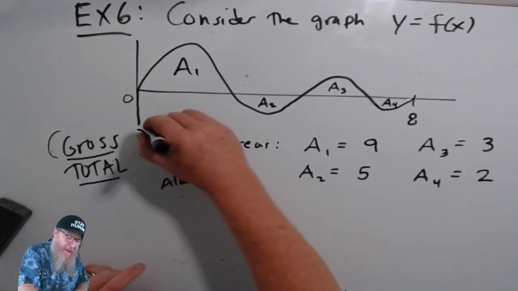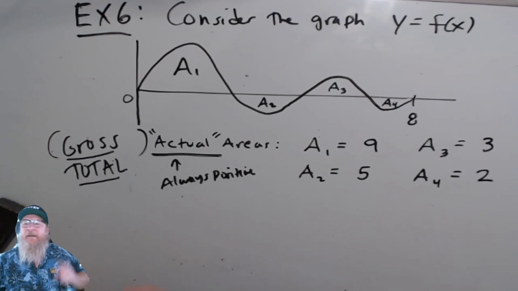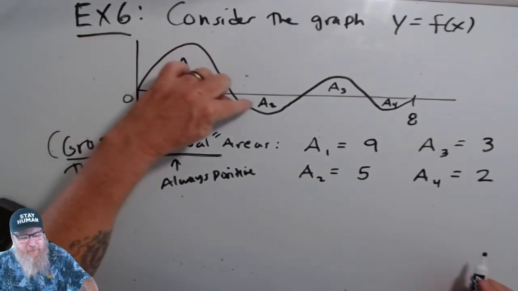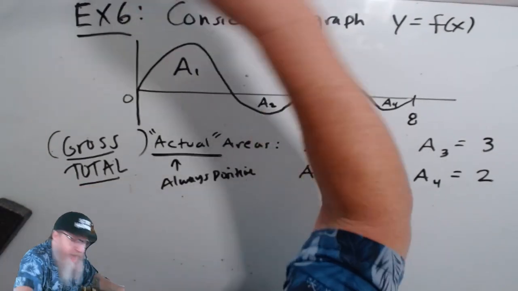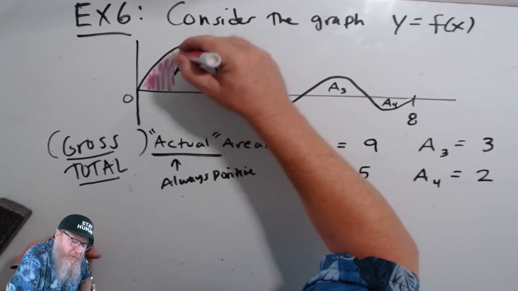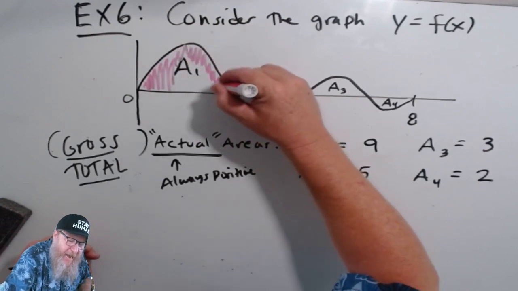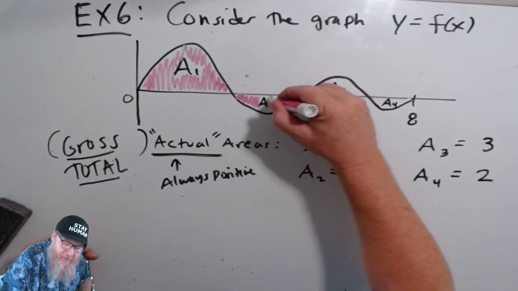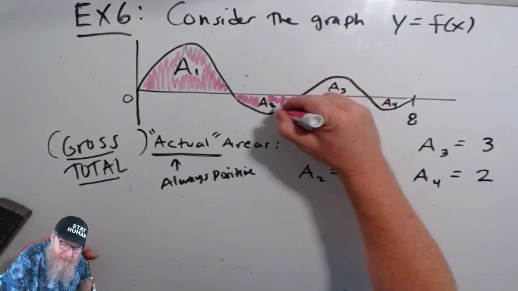I like to use the word actual because the actual area would be if you thought of these spaces as being covered in carpet or tile or some kind of physical substance. I mean, even paint.